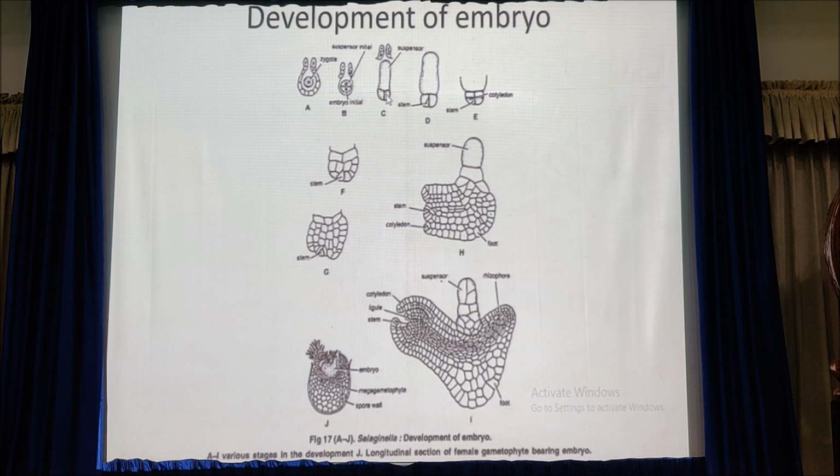The lower embryonic cell undergoes division and redivision to form the embryo, having a shoot apex, cotyledons, rhizoids, etc. Then this embryo develops into the new sporophytic plant.